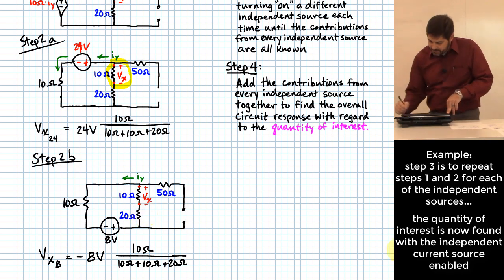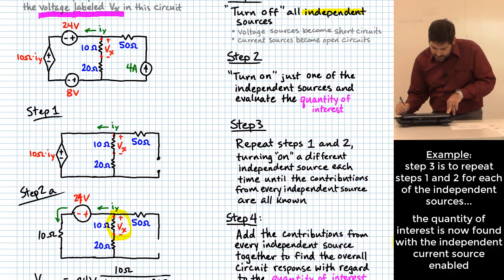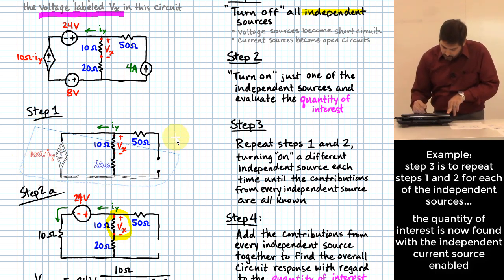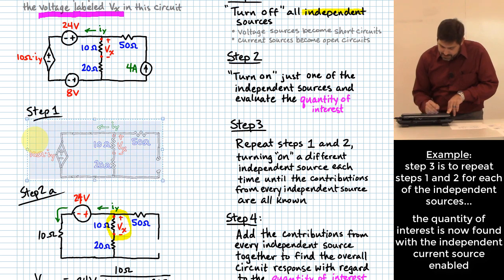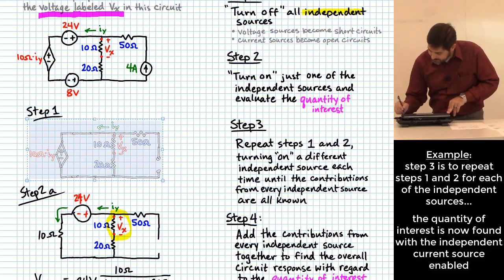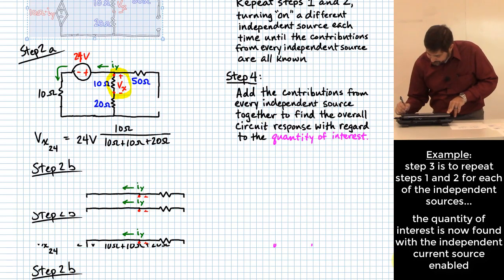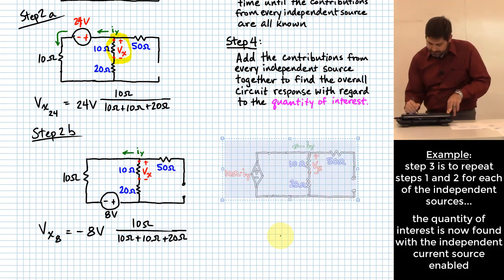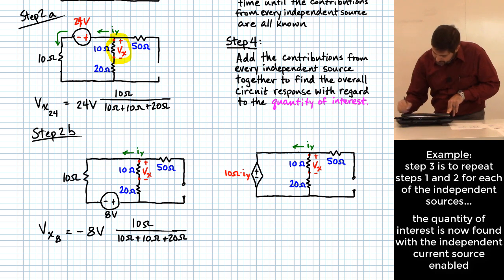What is the last of our independent sources that I need to get in there? Okay, the current source, the 4 amp current source over there. So I'm going to again take my step 1 circuit that I drew and copy it down here. I'm going to call this step 2C.